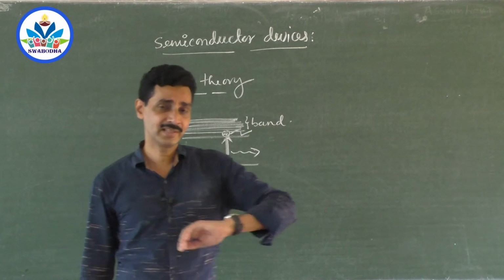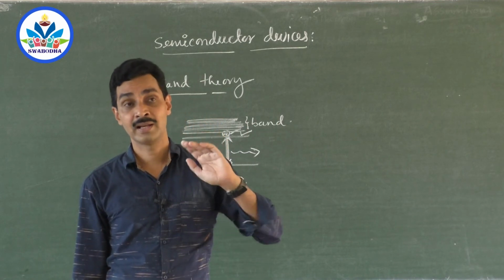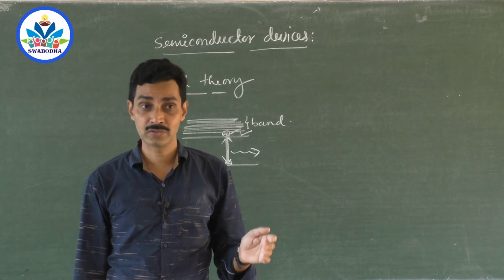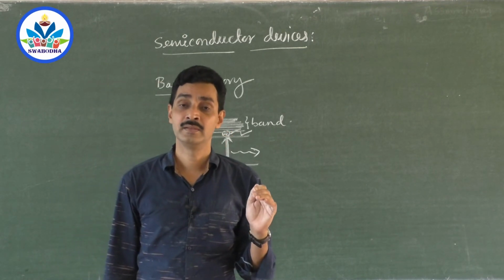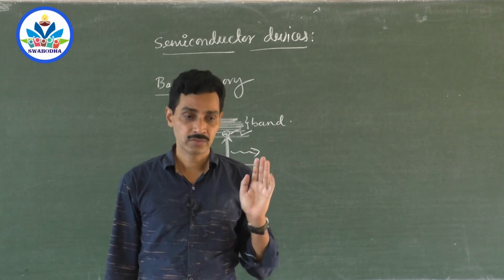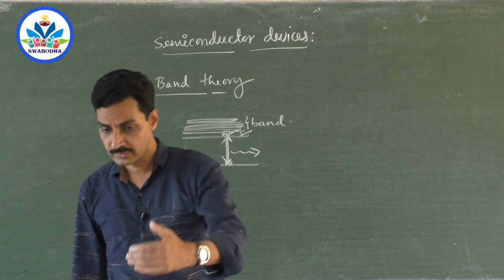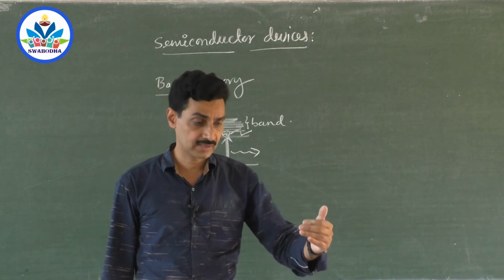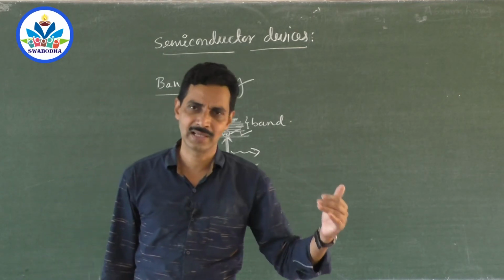Now, if you go on searching those energy bands, you will reach the energy band where there are electrons. Are there electrons which possess this energy? Whether there are electrons with this energy, whether there are electrons with this energy, sir, this is a group of electrons which have particularly this energy.